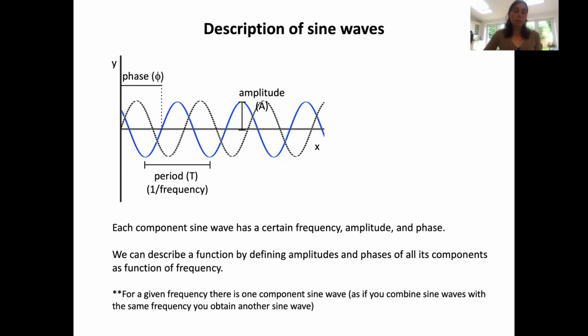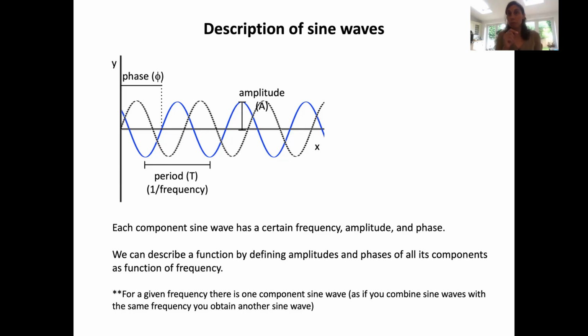Okay, so we said that every function can be expressed as the sum of sine waves, and each sine wave has a certain frequency, a certain amplitude, and a certain phase. So now we can go on to the next step and say that we can describe each function by defining these parameters of the component sinusoidal waves, and in particular by defining the amplitude and the phases as a function of the spatial frequency of the sinusoidal components.